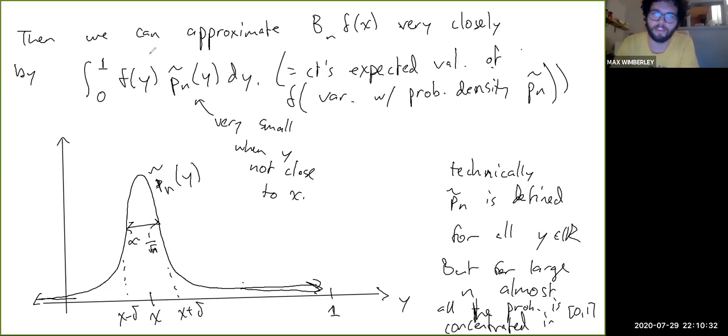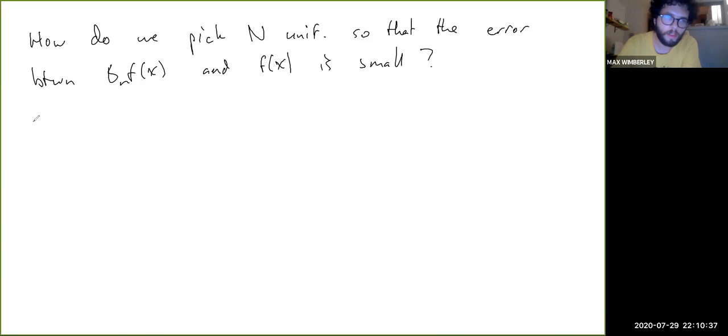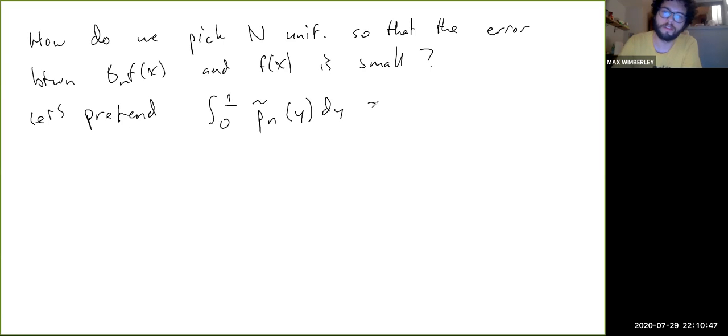Okay, so let's pretend that this is genuinely the expected value. So let's pretend that the integral from 0 to 1 of Pn tilde of y dy is equal to 1. Even though it's actually less than 1, by picking n extremely large, we can get it very, very close to 1.